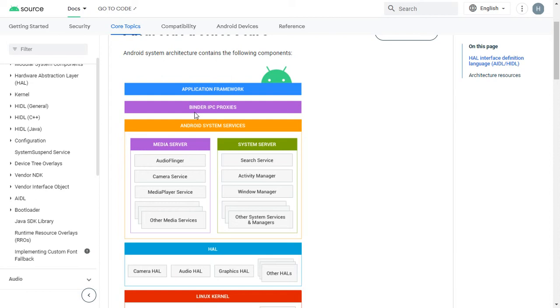If the application framework wants to call the system services API, it has to use the binderized mechanism, because the application framework is running in a different process and system services are running in a different process. So to communicate between the two processes, we use binder in this way.